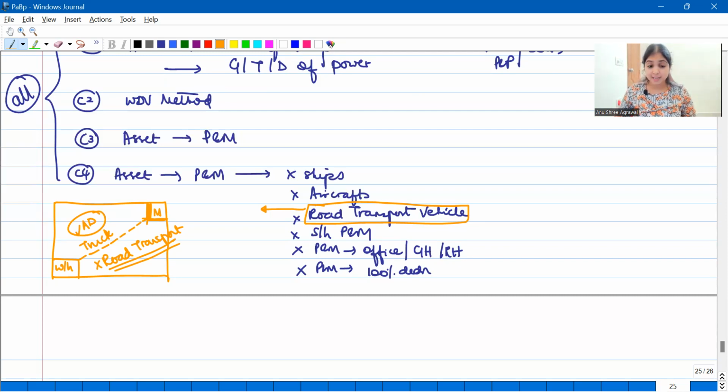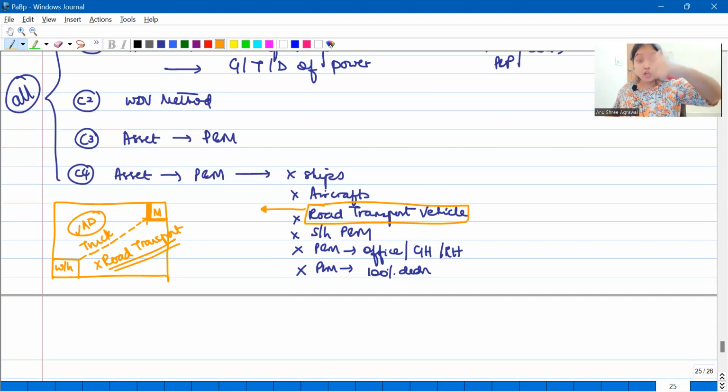Are you understanding? I am using this truck within my factory. I am not using this truck for road transportation outside my factory. I am using it for transportation only within my factory. Therefore, on this truck, I can claim additional depreciation. Are you clear with this?